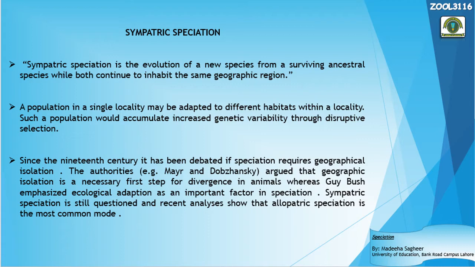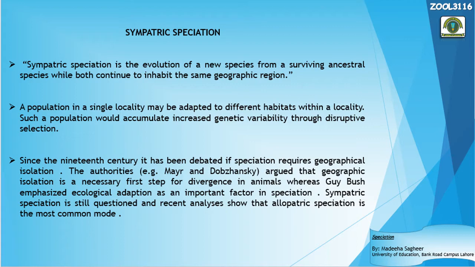So, what happens in sympatric speciation is that the individuals of the population inhabit different habitats while being localized in the same locality. With the passage of time they develop genetic variability, and ultimately they develop into a new species.